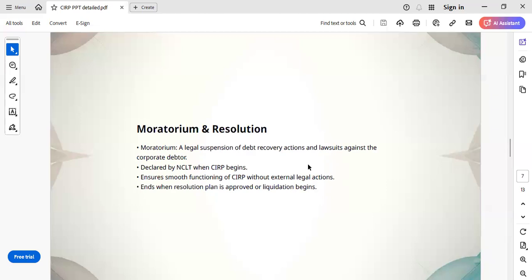Once the CIRP is admitted, NCLT declares the moratorium. This ensures smooth functioning of the corporate insolvency resolution process without external legal actions. Hence the resolution plan is approved. If there is no resolution plan, then liquidation begins.